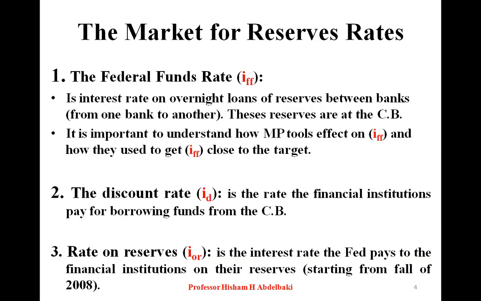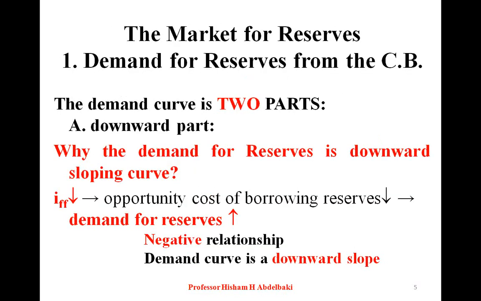Now we have to study the two sides. We start with the demand for reserves. The demand curve for reserves consists of two parts. The downward part, and the reason for the downward part is as the law of demand states: when the price decreases, the quantity demanded will increase.